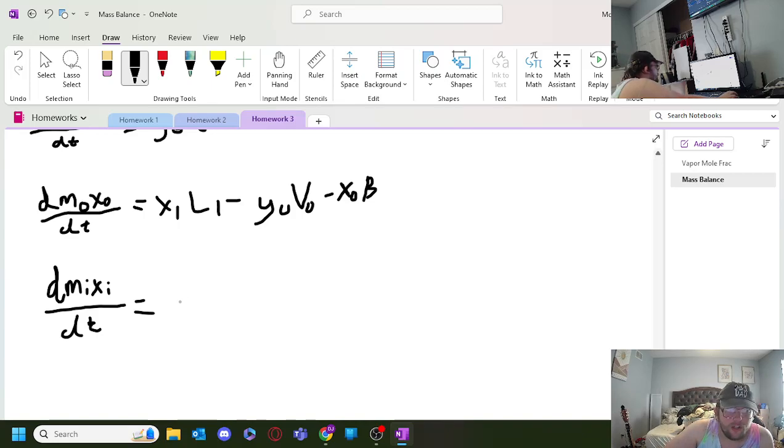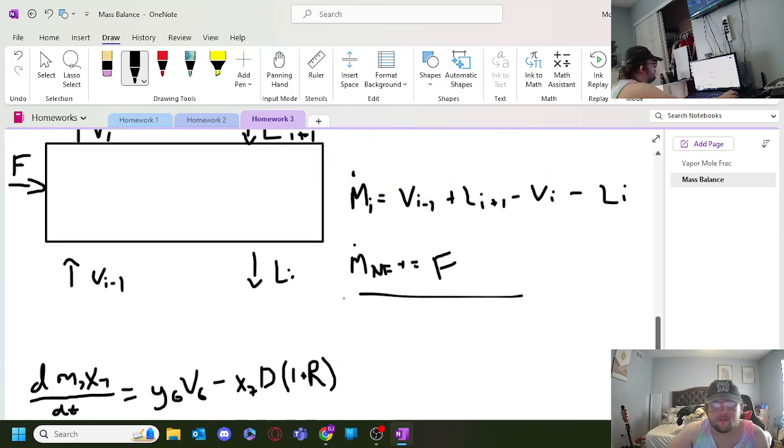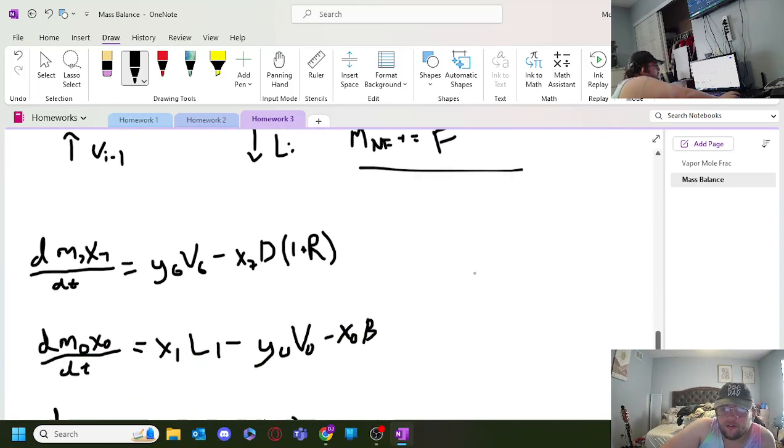So we got the vapor from below, multiplied by that mole fraction, plus the liquids from above times that mole fraction, minus VILI.